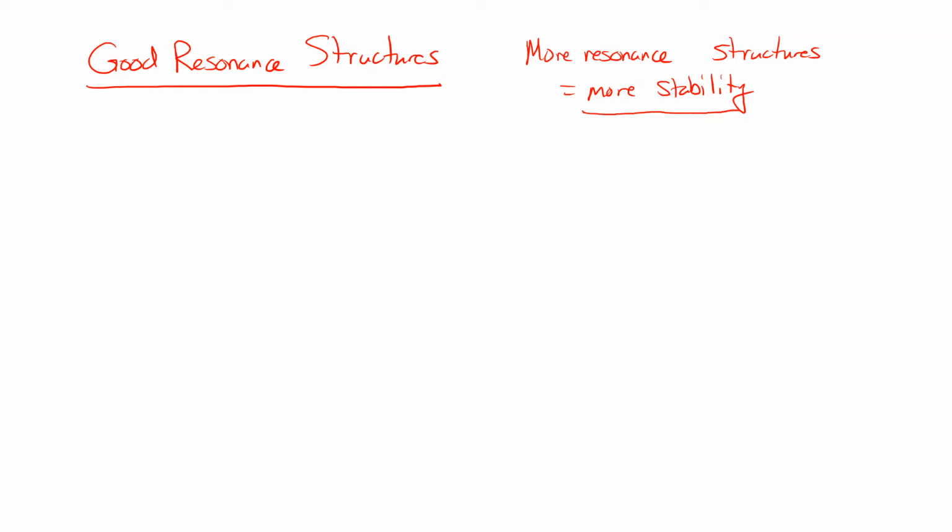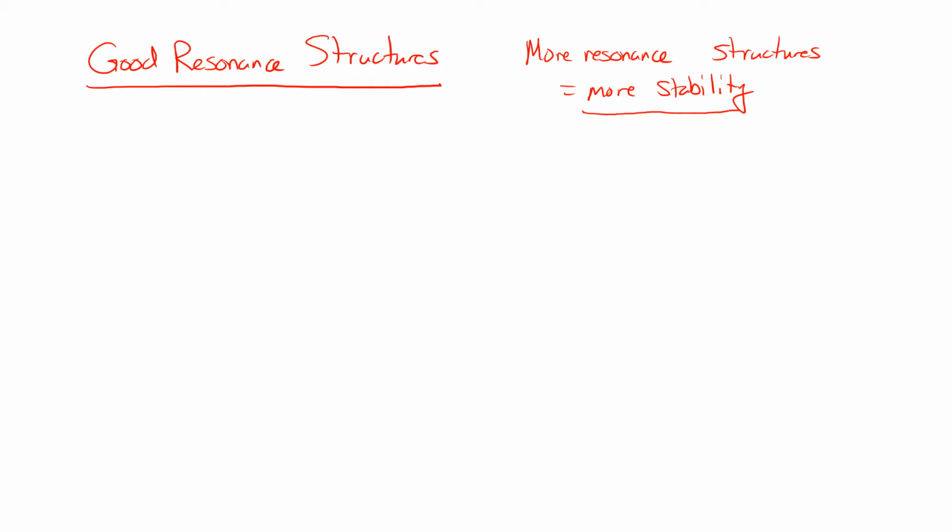So we're going to talk about what makes a carbocation more stable, what makes a resonance structure more stable, what makes an acid more stable, a base more stable, an alkene, alkynes, and then we're going to get into substitution reactions. All of these are based on this idea of moving towards a more stable product.